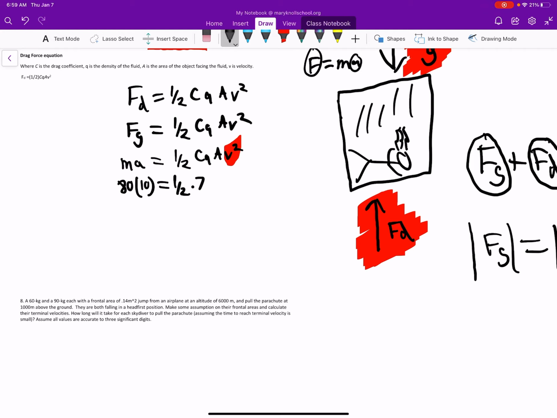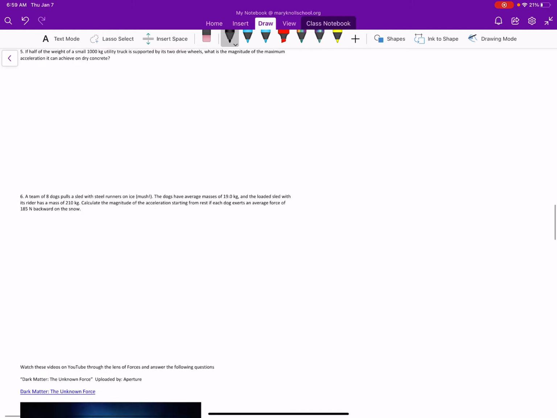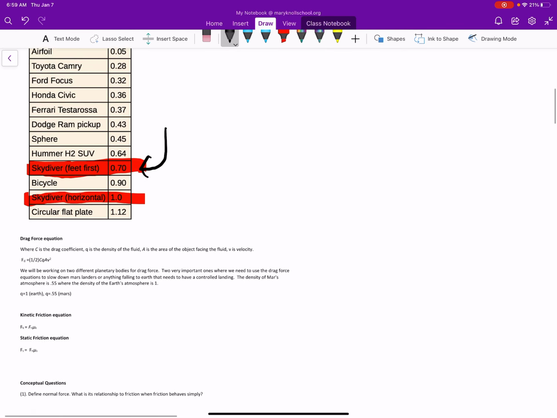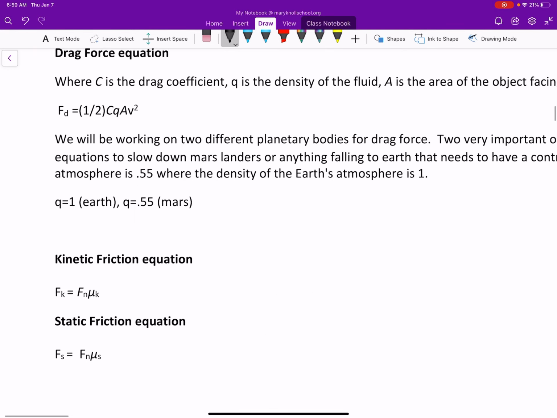Now we're looking at ρ, the density of the fluid. We're only using two ρ values in this section, which is Mars and Earth. And Mars has a thinner atmosphere, so it's going to have a smaller ρ value because it has less density. So let's look this up. And we find that we have two ρ values, and the density of Mars' atmosphere is less than the density of Earth's atmosphere.